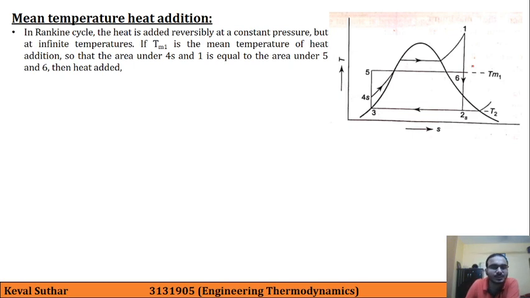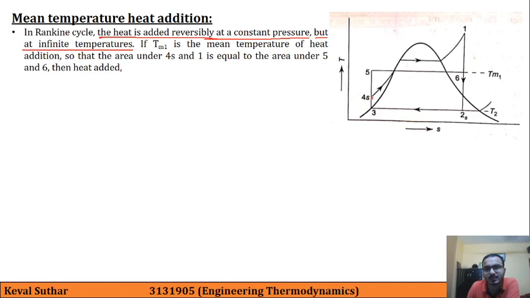So here in case of Rankine cycle, as we have seen, the heat is added reversibly at constant pressure, but at infinite temperatures. That is, the temperature keeps on changing.